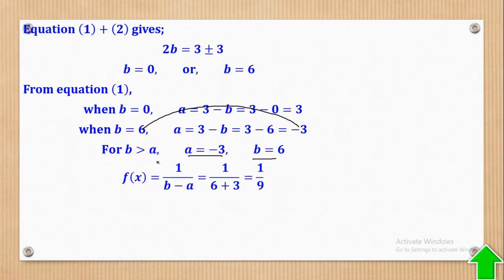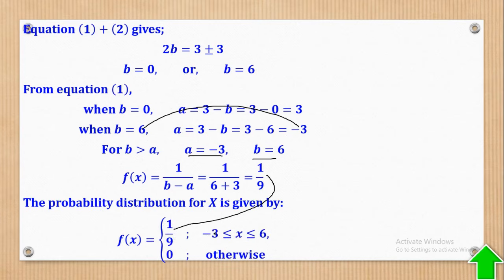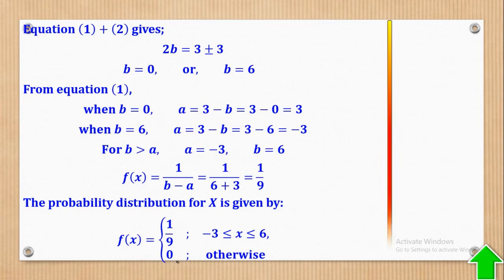Now that I've got a and b, I can come and get my expression of f(x), which is 1 over b minus a, to give you 1 over 9. Therefore the probability distribution function can be written as 1 over b minus a, which is 1 over 9, and here it is a, which is that, and here it is b, which is that, and elsewhere it is 0. So that's what they wanted.